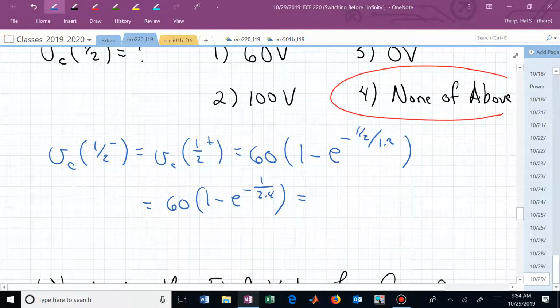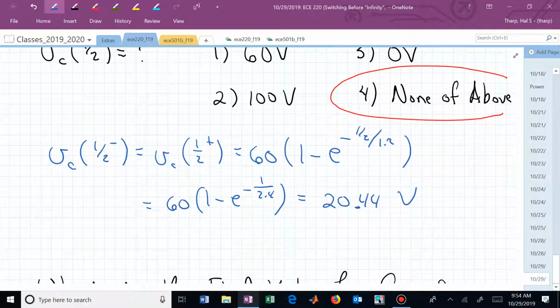And if you plug in the numbers, e to the minus 1 over 2.4 is about 66% or 0.66. All of that together ends up being roughly 1/3 of where we eventually would get to. After 1/2 of a second, we only get 1/3 of the way to that 60. And this is now our new starting position in switch position C.